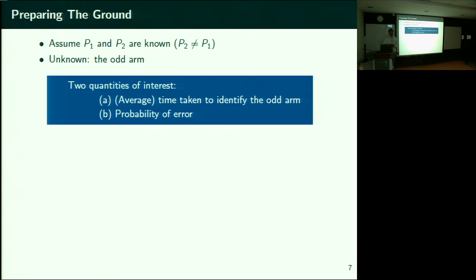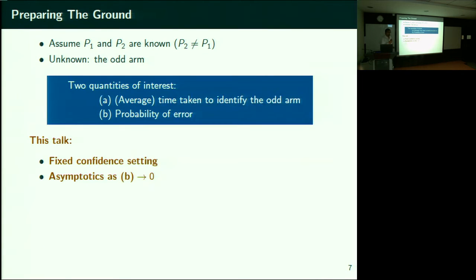What people generally do in the literature is they fix one of them and they quantify the other in terms of whatever was fixed. In this talk, I'm going to fix the probability of error, and then I'm going to tell you how the average time that you take to identify the odd arm looks as a function of the given probability of error. I'm going to let this go to 0, and tell you at what rate it grows.